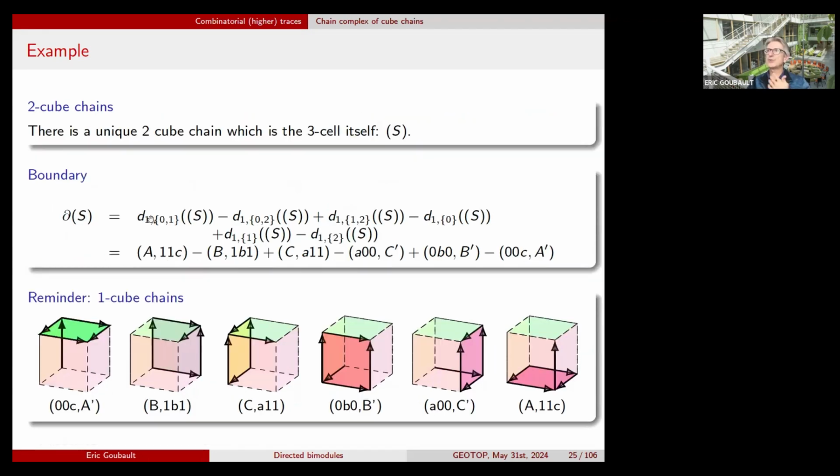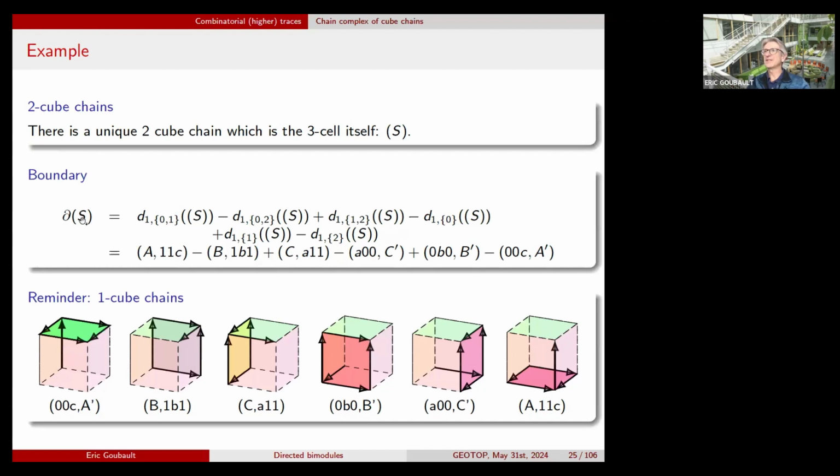And then there's a unique two-cube chain, which is the three cell itself. So it's length 1 and it has dimension 3. So 3 minus 1 is 2. So as a cube chain, it's of dimension 2. And if you use the boundary computations that you cannot possibly have looked at in my presentation, I just give you the formula right there.